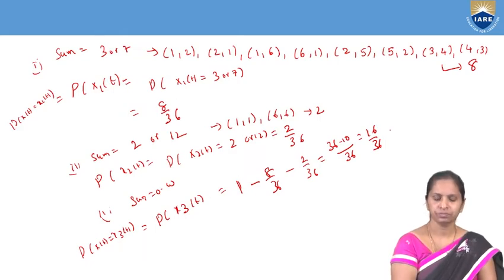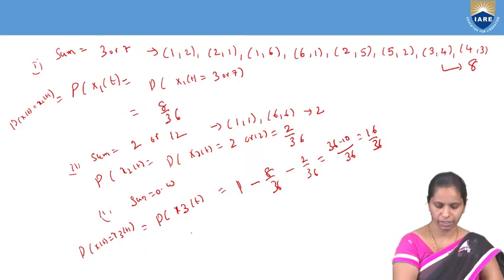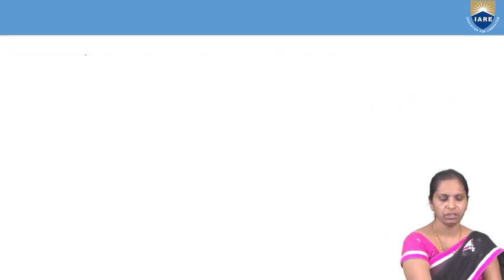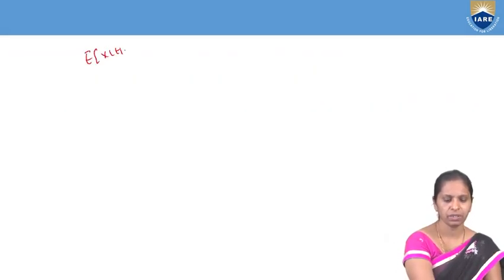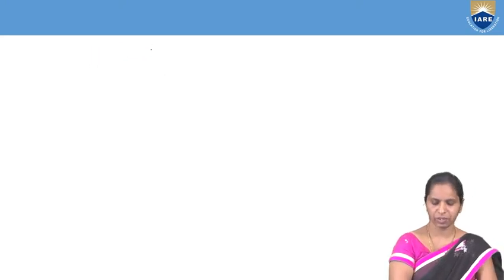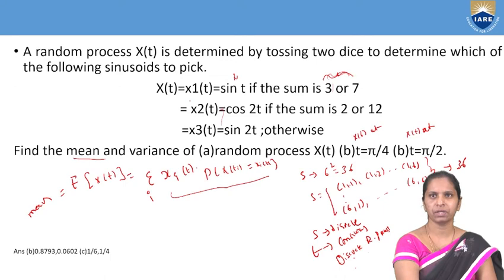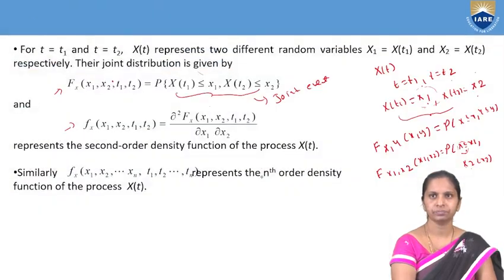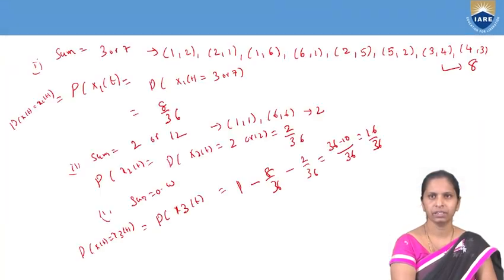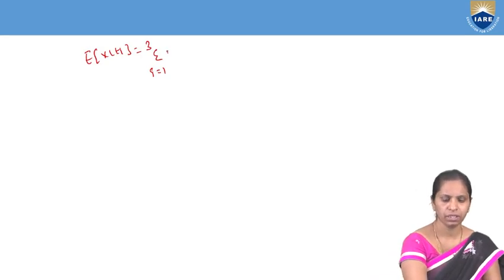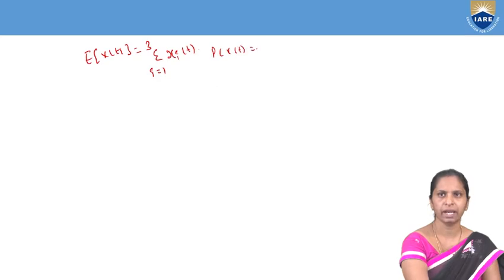Okay. Now what I have to calculate? I have to calculate the mean of the random process. Then E of x of t is equal to sigma i equals 1 to 3, because here I am having x1 of t, x2 of t, x3 of t. Therefore I am taking i equals 1 to 3. So write down here sigma 1 to 3 xi of t into p of x of t at xi of t.